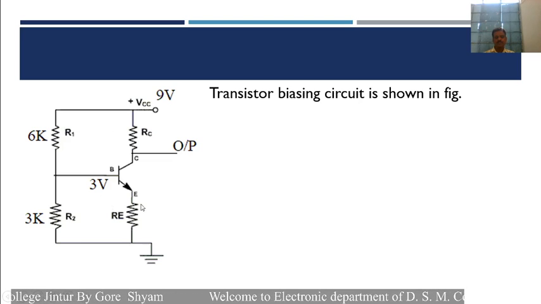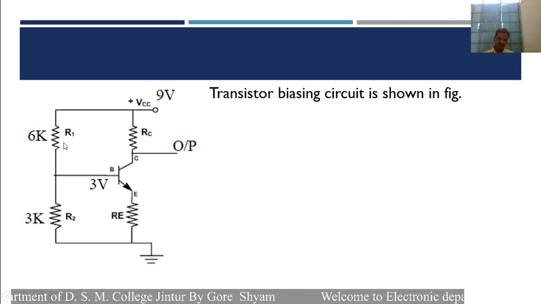Similarly, here a transistor is also used, and in this transistor one power supply is connected, that is the VCC, which is 9 volt, and the voltage at the collector is equal to 9 volt, but the base requires a different voltage. The base requires some less voltage than the 9 volt, and for that purpose we are using such resistances.